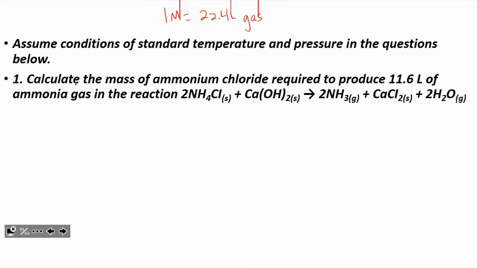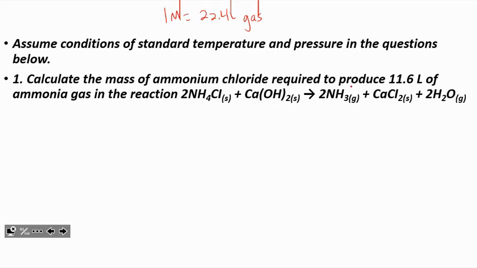So number 1 here is calculate the mass of ammonium chloride required to produce 11.6 liters of ammonia gas with this reaction. Okay. So when we go through this, we've got the reaction already done.